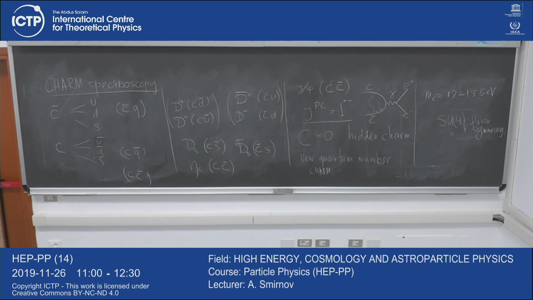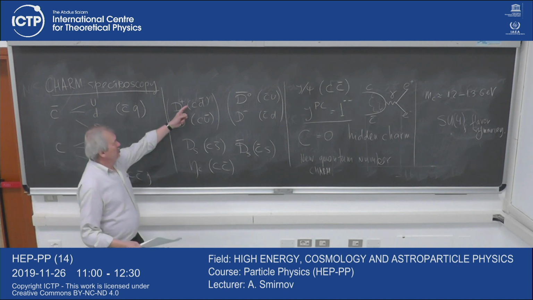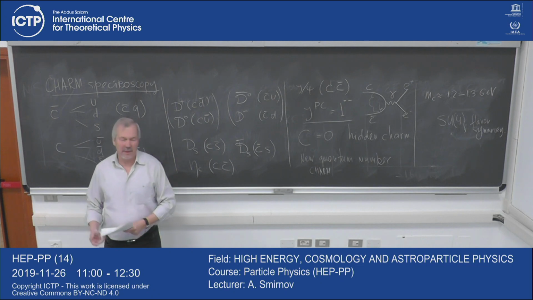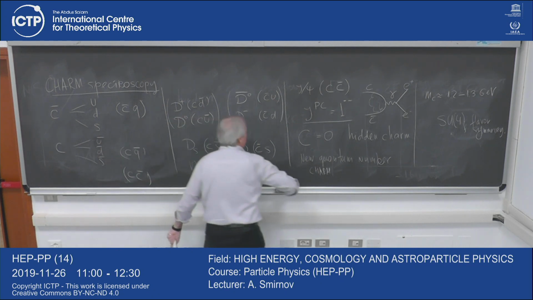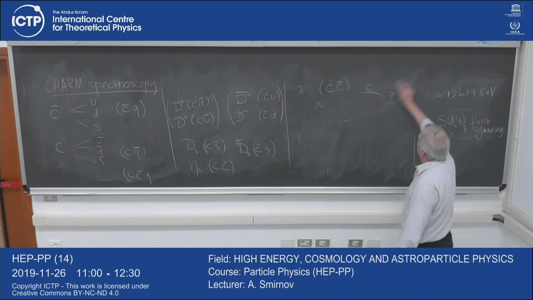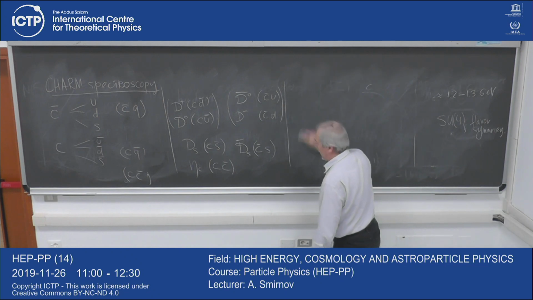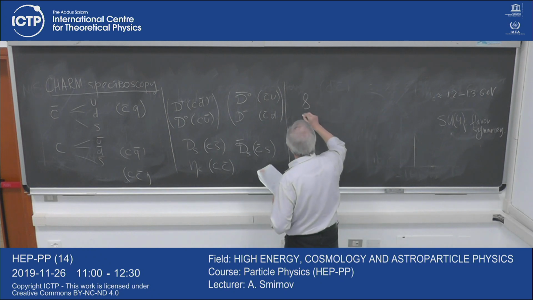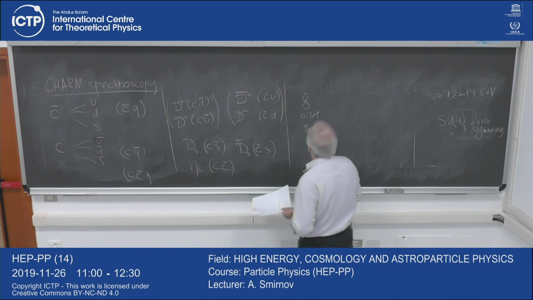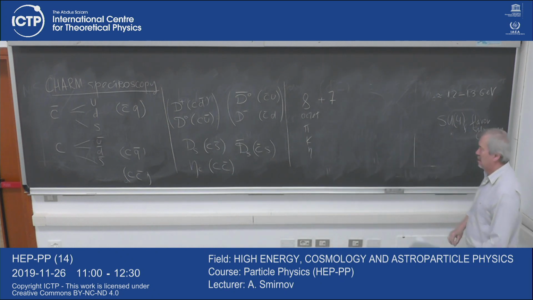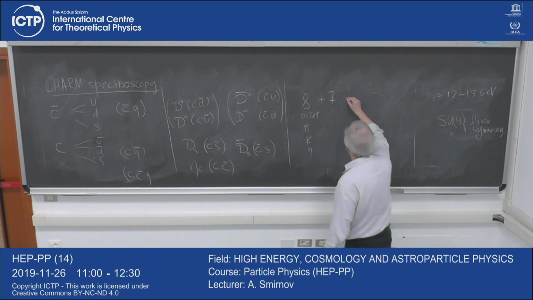So let us count how many new components we have. It's 4 here and 3, so 7 new mesons are introduced, right? If we add these 7 mesons to our already known 8 meson family, the octet of pions, K mesons, and eta, and we add 7 new mesons, which you see here, we get 15, right?